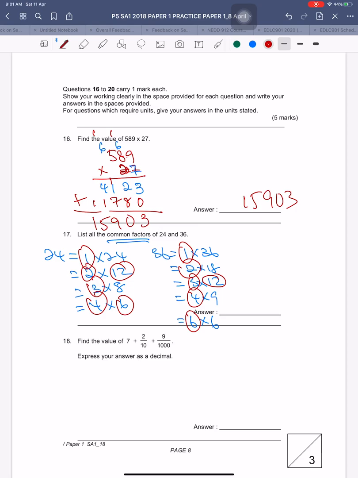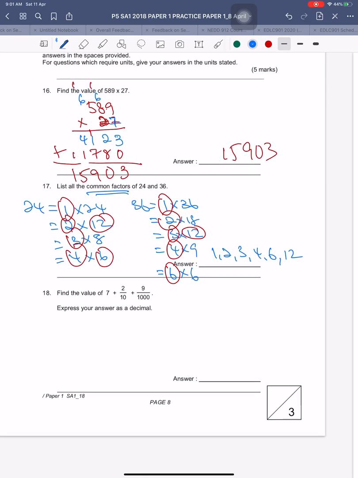So these are all the common factors of 24 and 36. You must list down all, because the question asks for all. Any missing factors, you will not get the 1 mark. You must list down all the 6 common factors: 1, 2, 3, 4, 6, and 12.